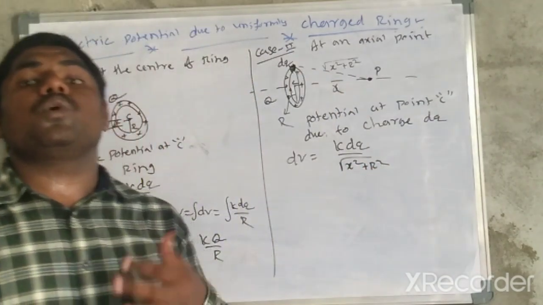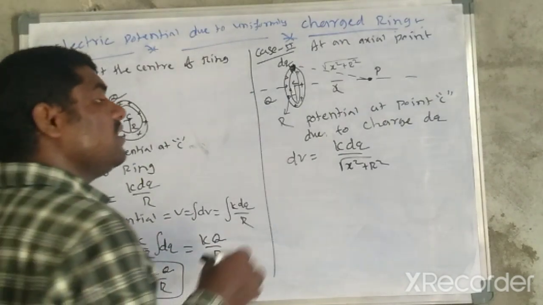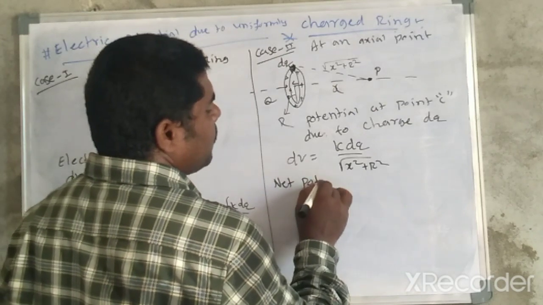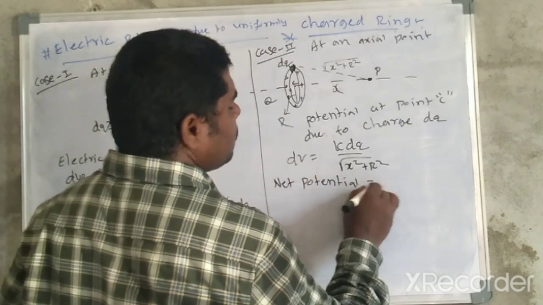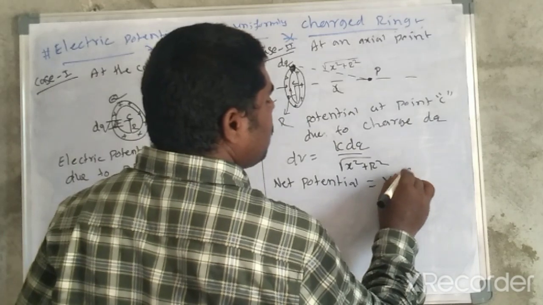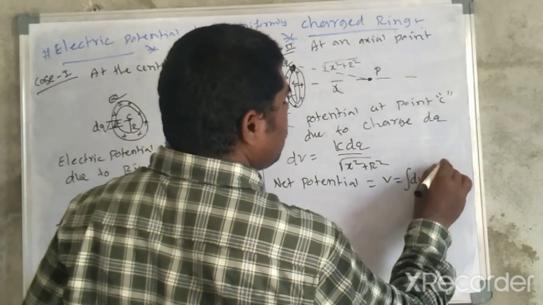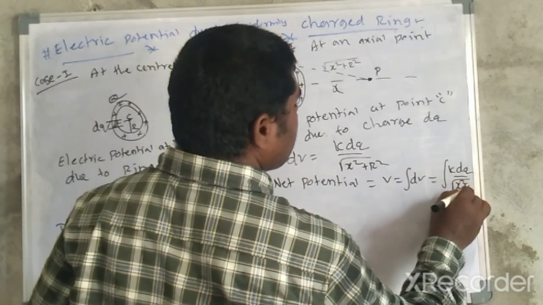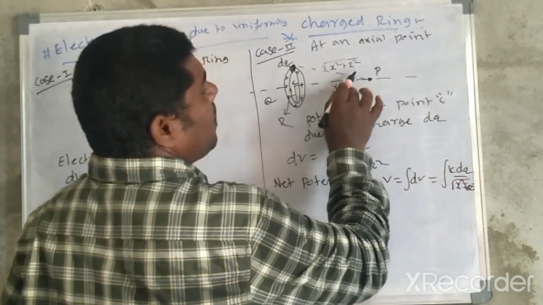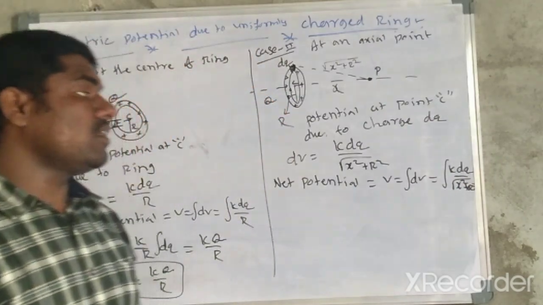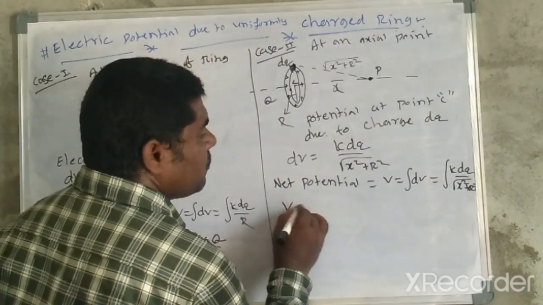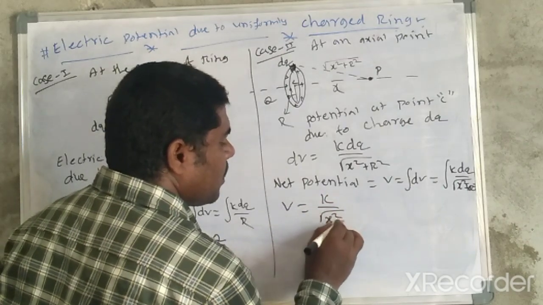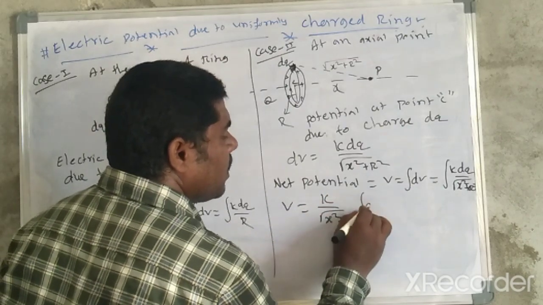If you want the net potential, V is equal to integral dV is equal to integral of K dq by under root of x square plus R square. X square plus R square remains constant, so V is equal to K by under root of x square plus R square integral dq.